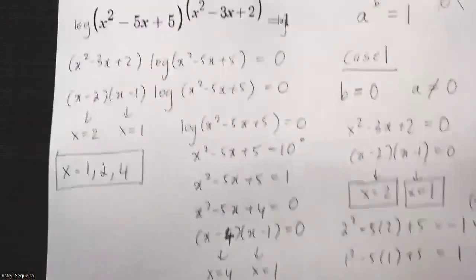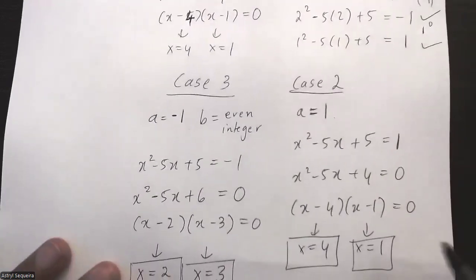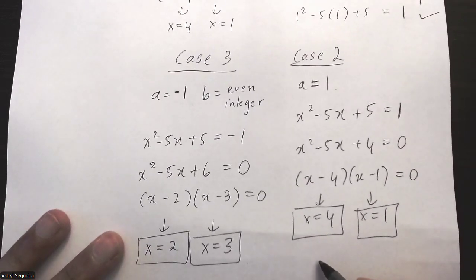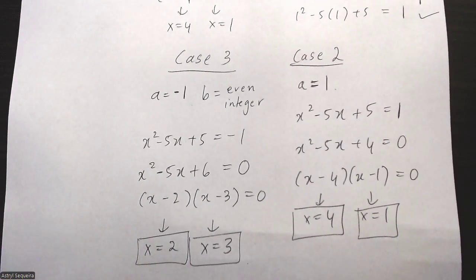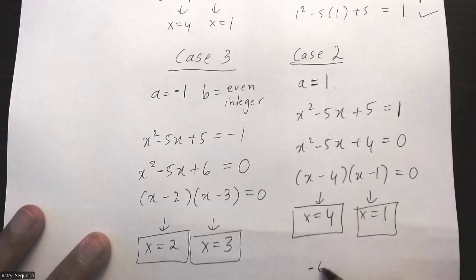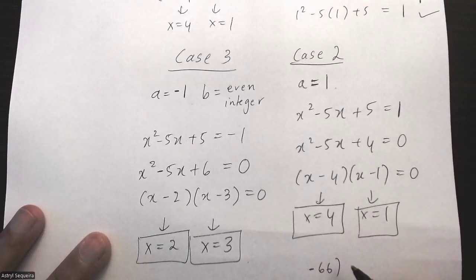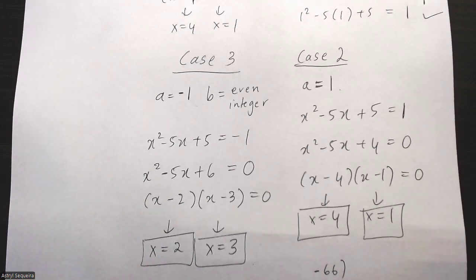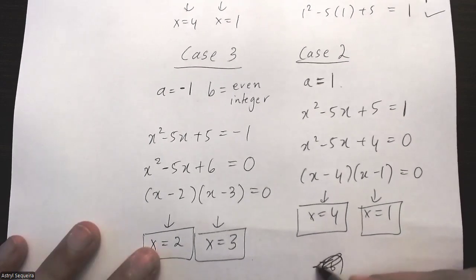Let me test 3 in this equation over here. 3 squared minus 5 times 3 plus 5. I'll just do that in my calculator. You could do it mentally as well. That's just negative 66. Oops, no, it's not. I made a mistake in my calculator. It's actually negative 1.